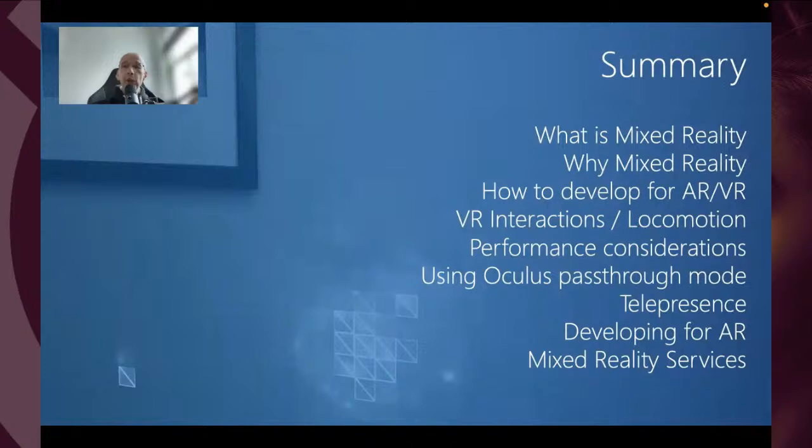So to summarize what we saw today, we introduced the concept of mixed reality, and we saw different examples of how to develop for AR/VR, in particular with the SteamVR SDK for virtual reality applications, how to apply basic interaction and locomotion in a scene, how locomotion is very important for not causing motion sickness to the user, and performance considerations, very important, which need to be carefully considered when developing these apps.